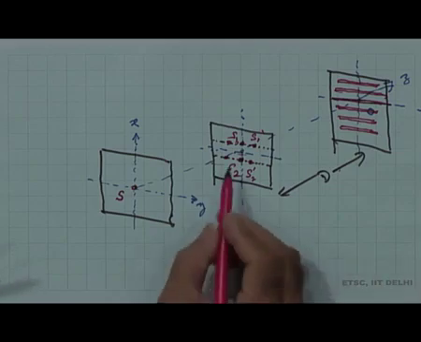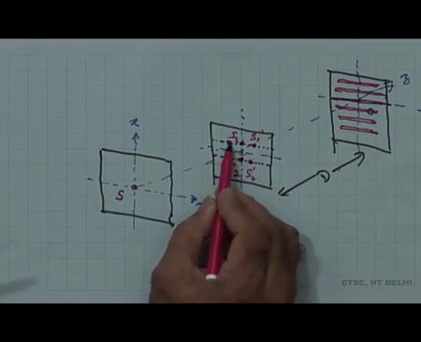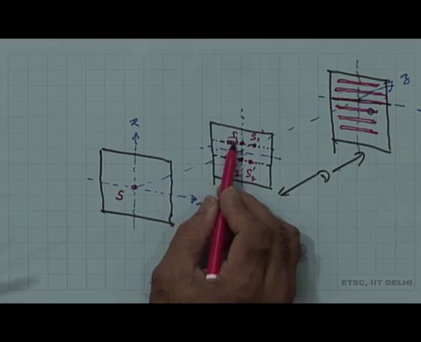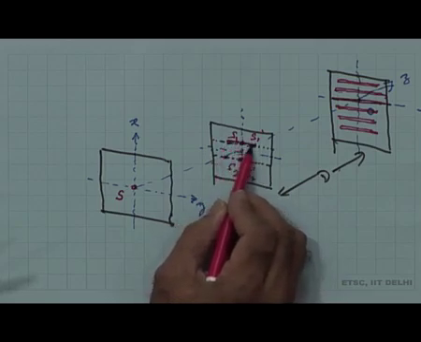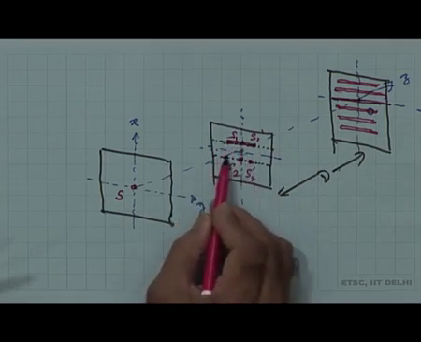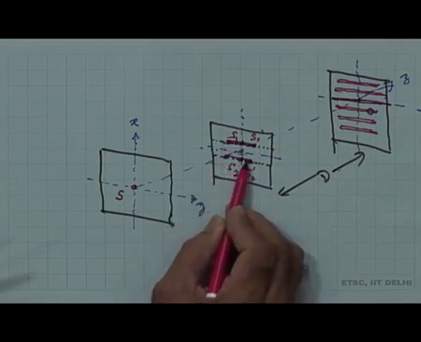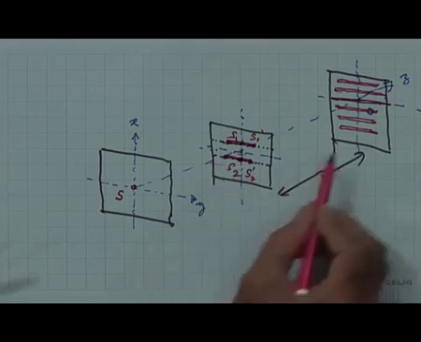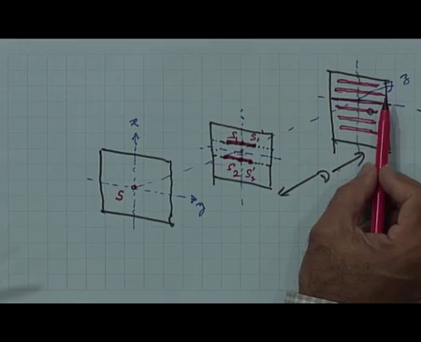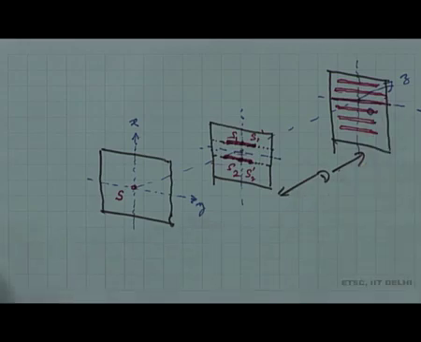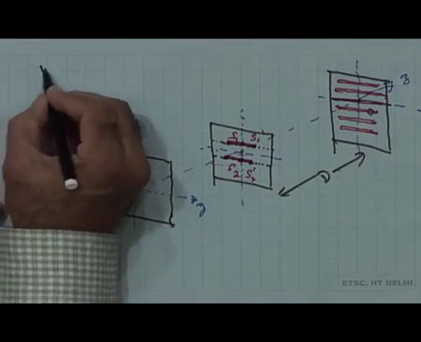In the limit, if the pinholes are continuous, what we will have is a slit. So, we will have one slit here and a second slit here, and we will have the same fringe pattern, but with a difference now. So, I want to give a title as double hole.